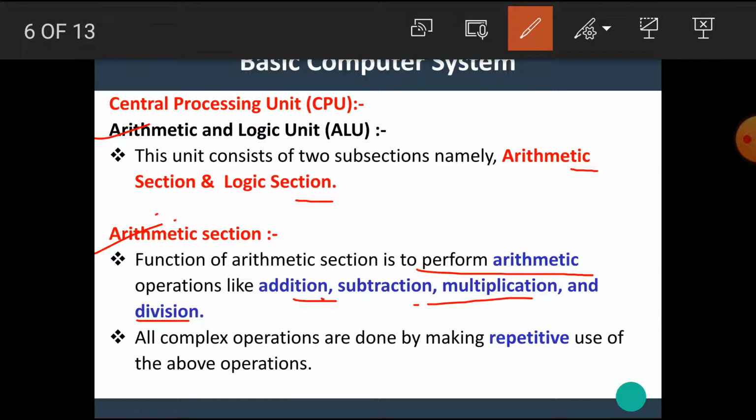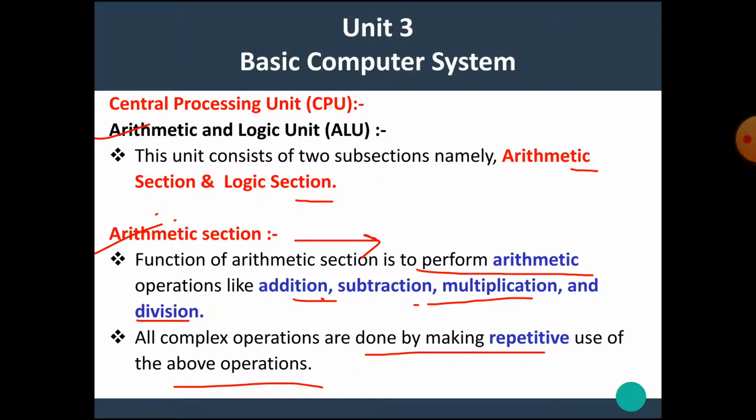All the complex operations are done by making repetitive use of the above operations.